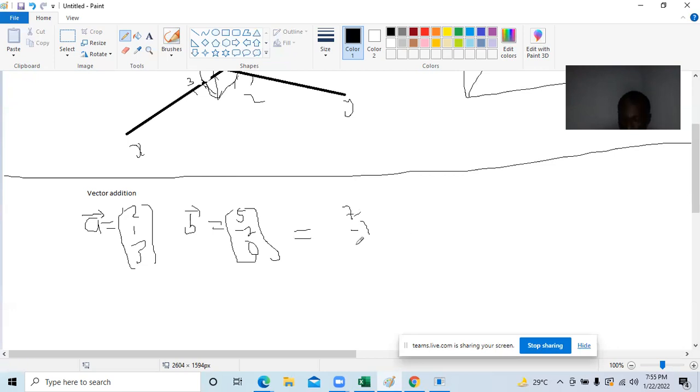And 3 plus 0 is 3. So that's the combination of vector A and vector B. Very, very simple. Just add whatever you have on equal planes: this is the x plane, this is the y plane, and this is the z plane. Add them together, you have your vector addition. Does that make sense?